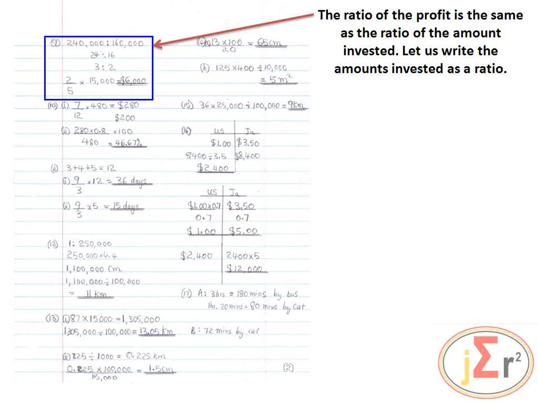In 1985, Angela and John decided to start a business. Angela invested $240,000, and John invested $160,000.